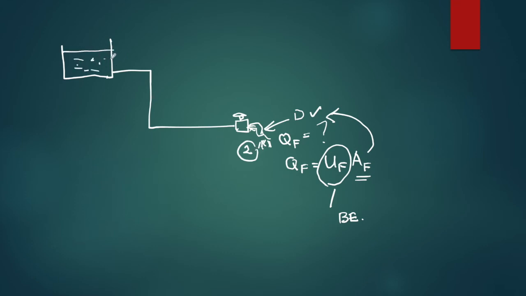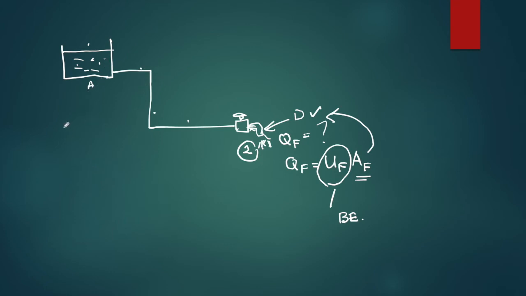Now we have to select point number 1. You can choose any point in the pipes, or you may want to find it at the surface of this tank A, for example. You may select your point here, or here, or here, wherever you want to select your point 1.